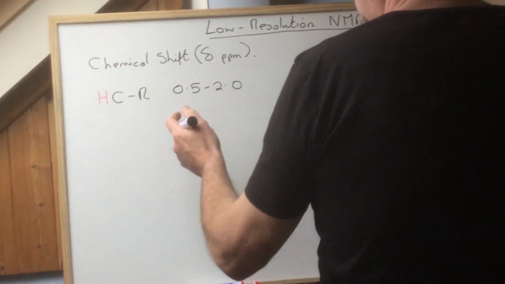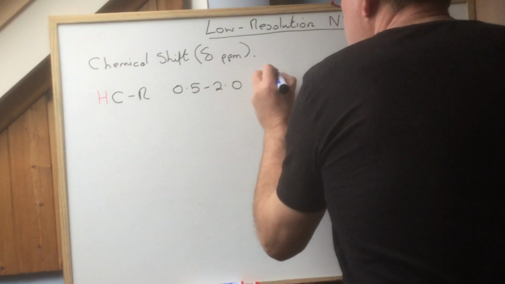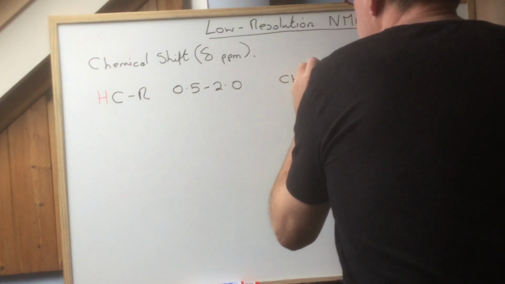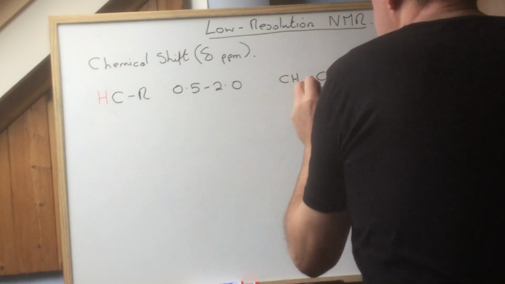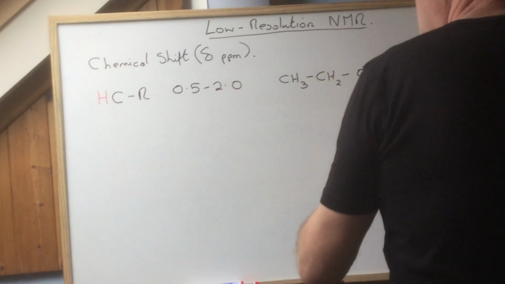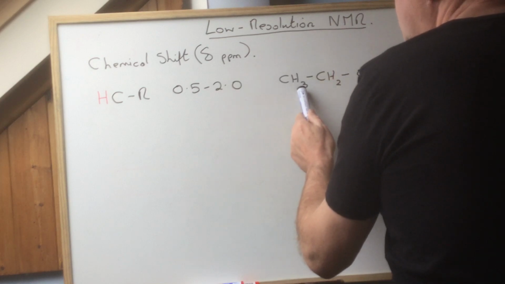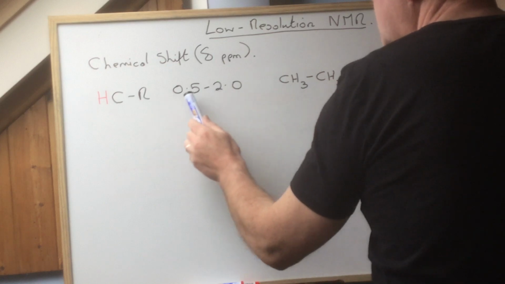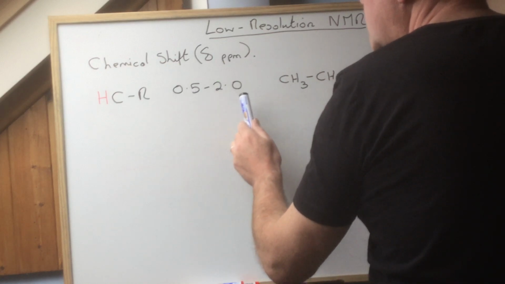Basically, you might have a sequence like this: CH3, CH2, I don't know, O. Those protons there, I find, are going to have a chemical shift between 0.5 and 2.